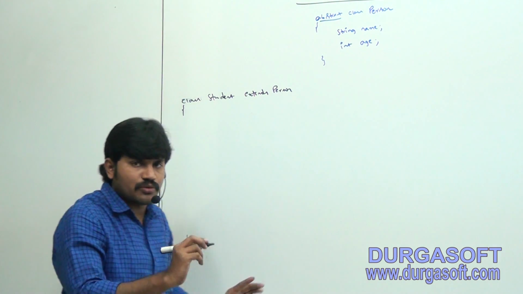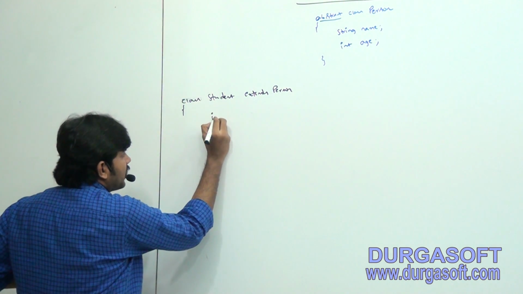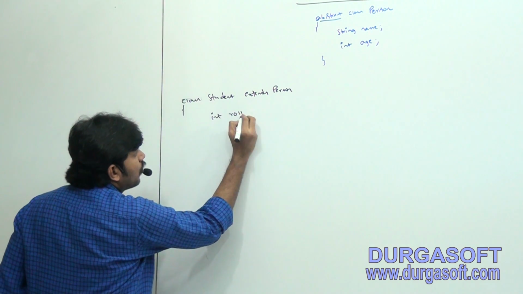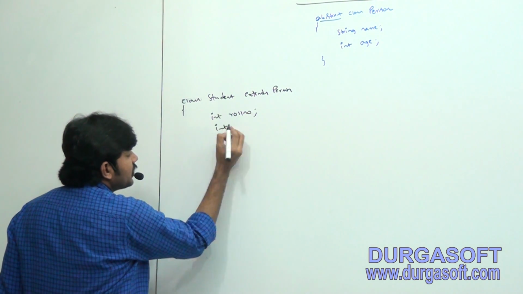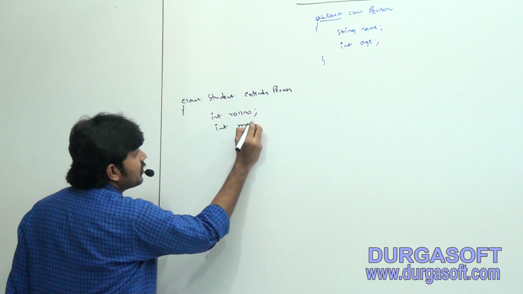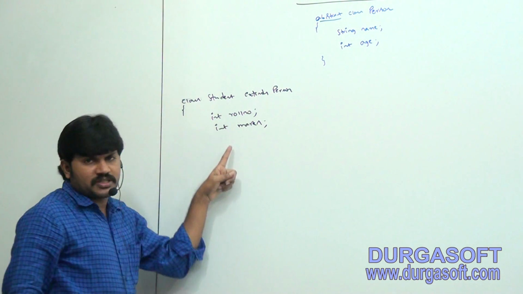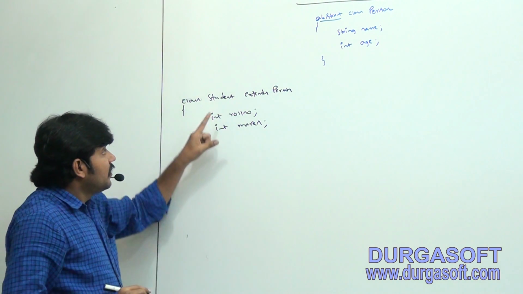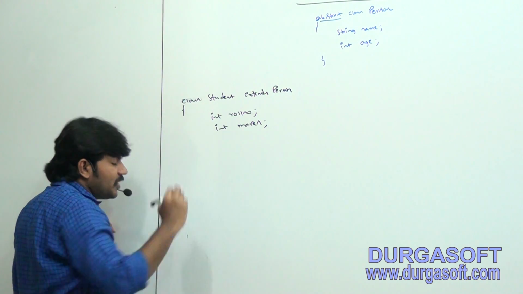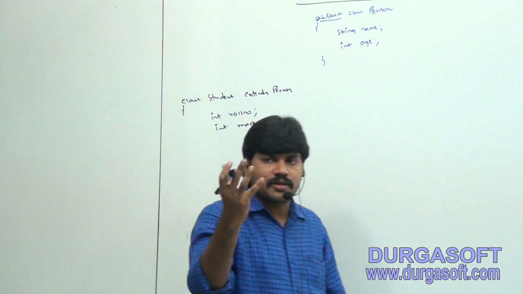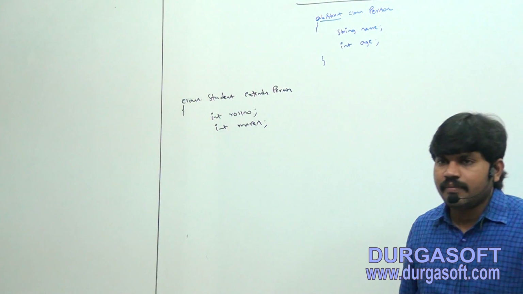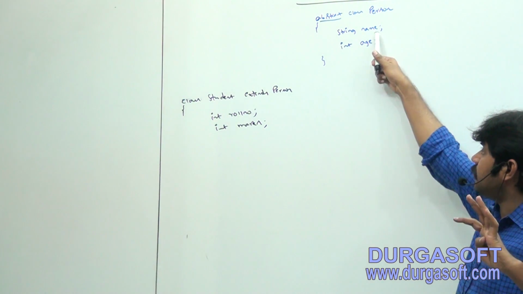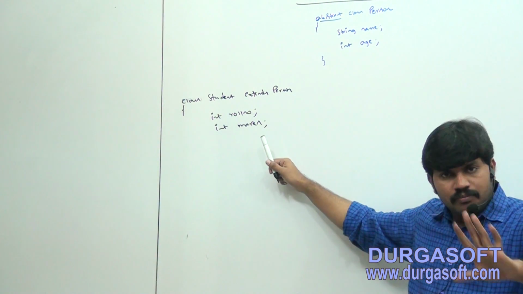Yes. In addition to that, I can take some more properties: int rollNumber, int marks. Now can you tell, for the student, in total how many properties are there? Four properties: name, age, roll number, marks.